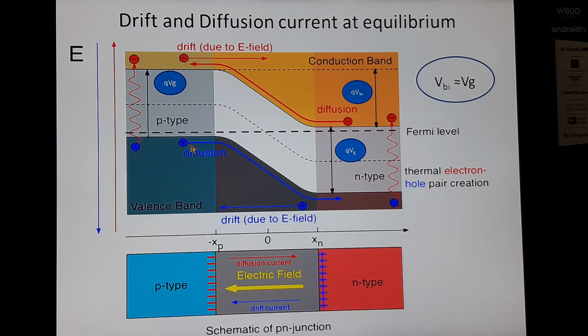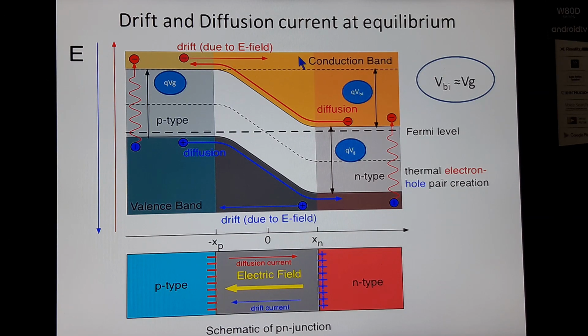Therefore, these holes and electrons, the majority carriers of the p and n side, may diffuse through this potential barrier, and the minority carriers, the holes in the n side as well as the electrons in the p side, may drift in the opposite direction by the electric field developed in the depletion region.